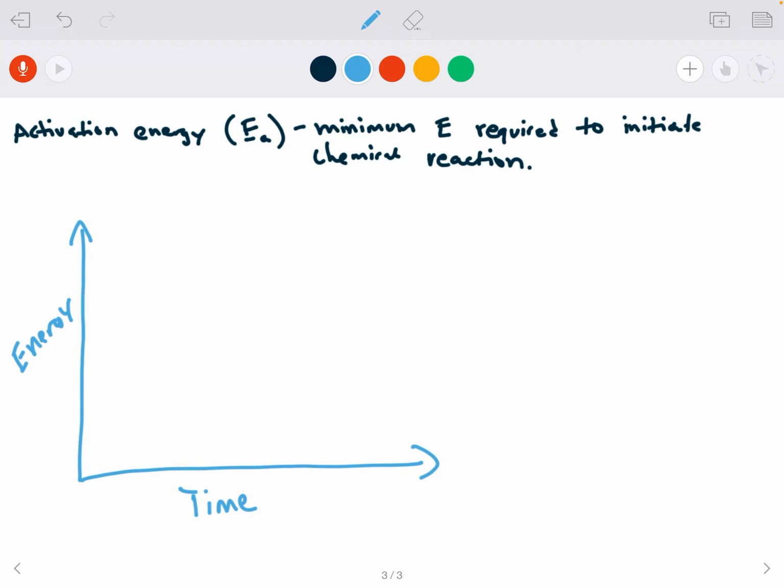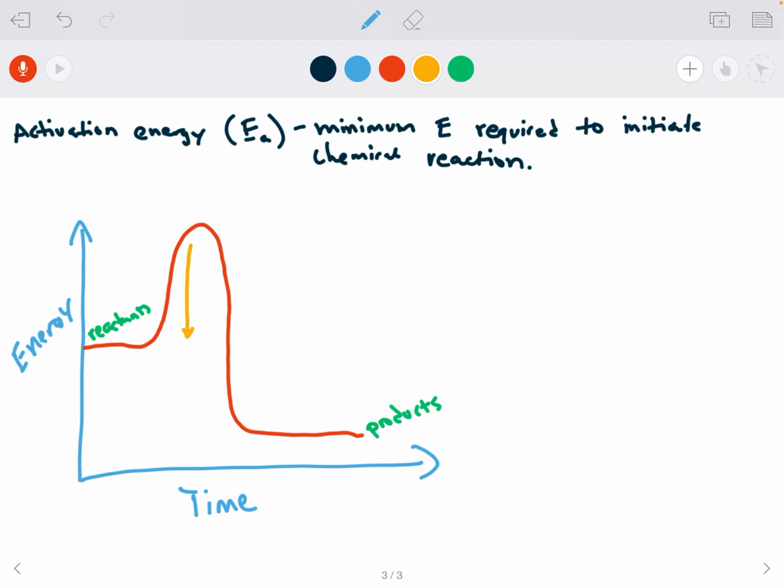However, in the process of going from a higher to a lower energy, you need to input that energy, and that is the activation energy. So if I start at this level, I have to input some energy, and then I'll come back down to an energy over here. So this is the reactants, and this is the products.